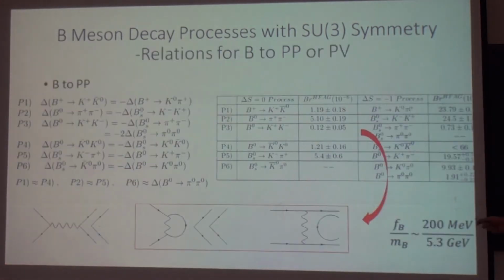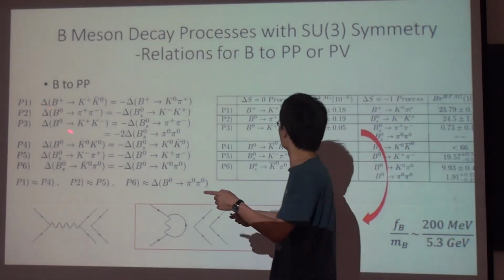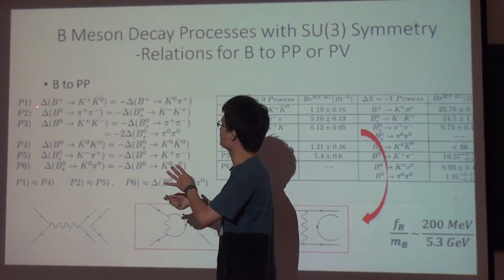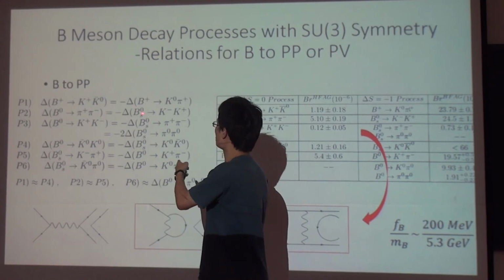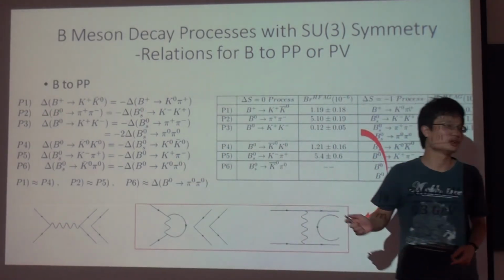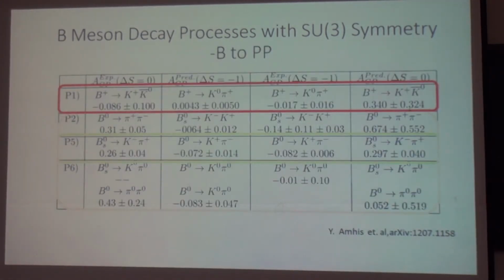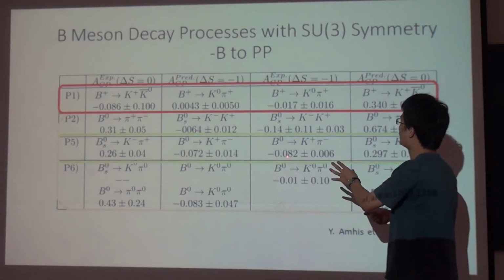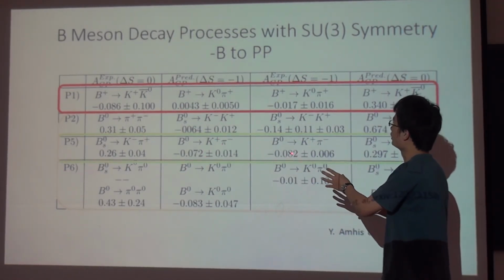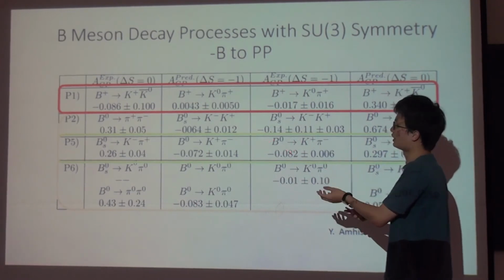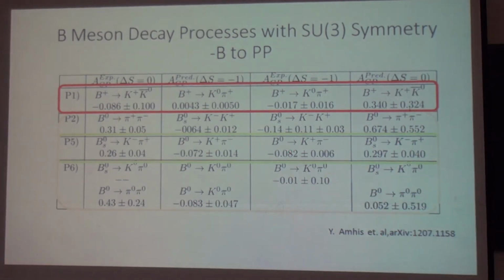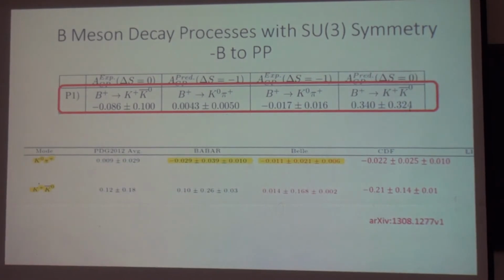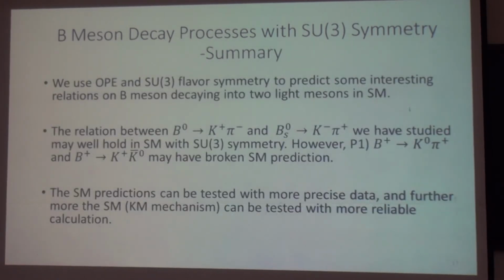For example, from experiment we can get this value, and we can use this to predict the other value. And we can see if this number is not very different from the experiment, then we can say this relation still holds. And we do these 2 things, and finally I give a summary.